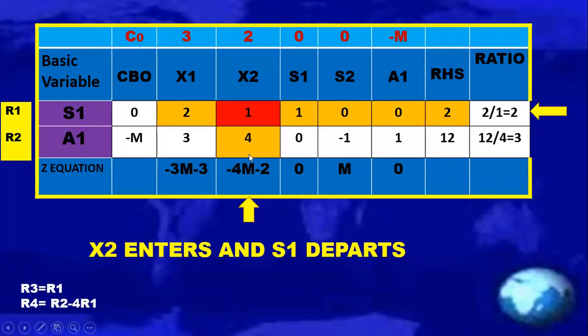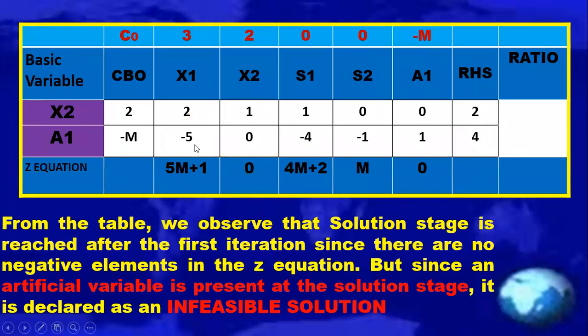So what operation do you carry out? It will be R2 minus 4 times R1. Then this value will become 0. Apply it to the entire row. R2 value is 3 minus 4 times 2, which is 8. So 3 minus 8 is minus 5.